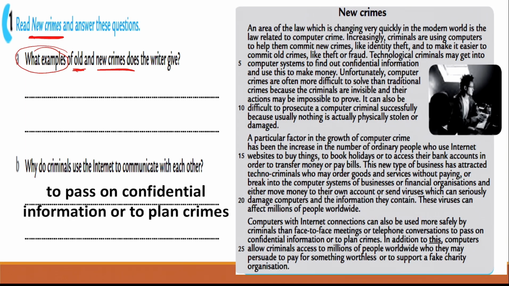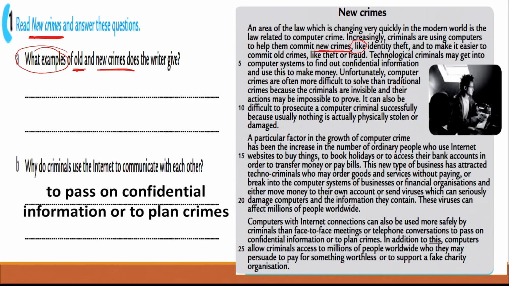When we read, you find that an area of law which is changing very quickly in the modern world is the law related to computer crime. Increasingly, criminals are using computers to help them commit new crimes like identity theft. Okay, so here I have new crimes, and I have the word like.